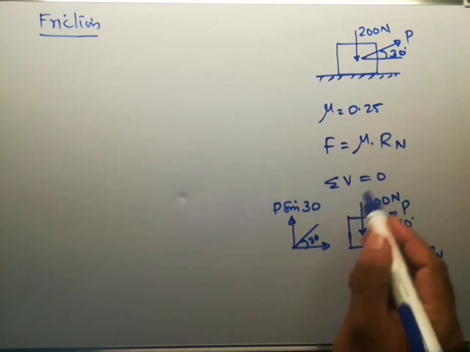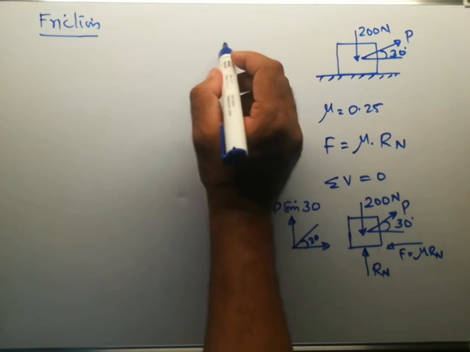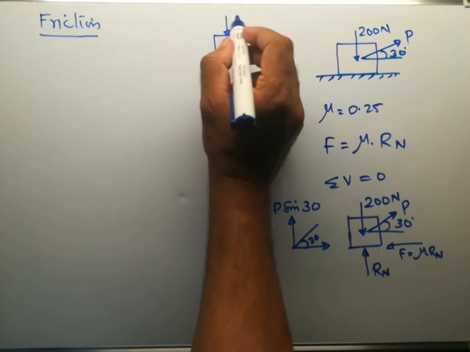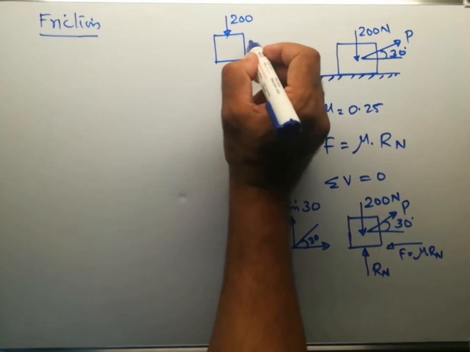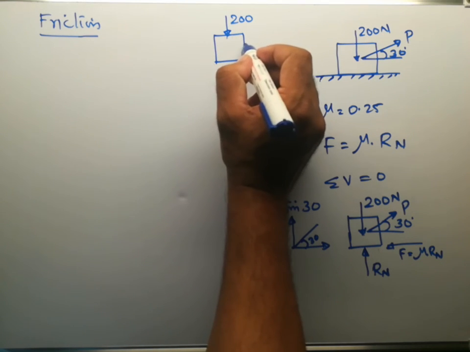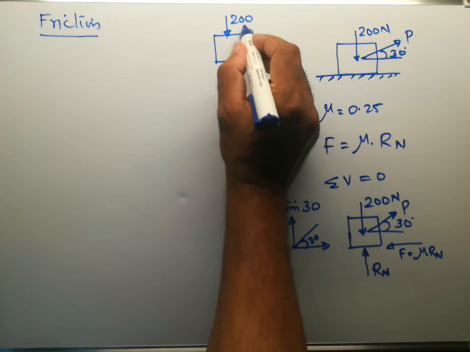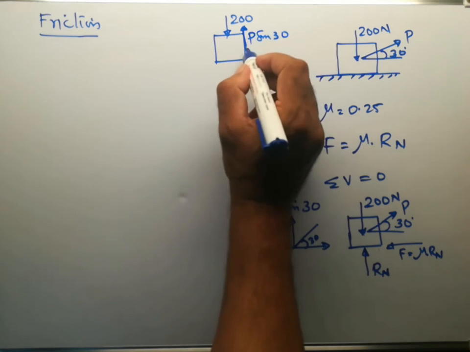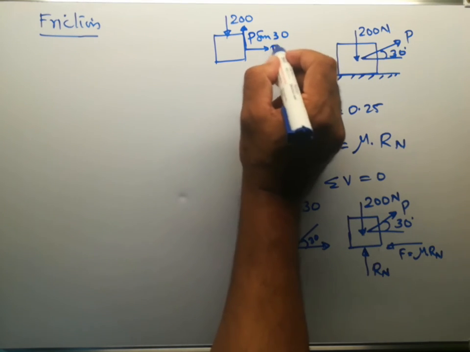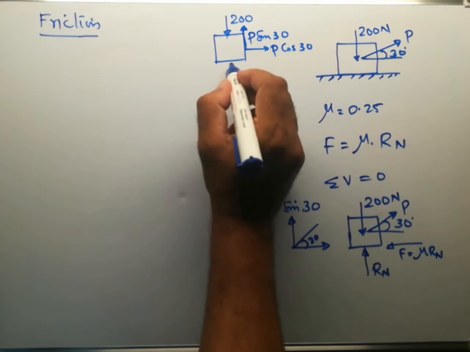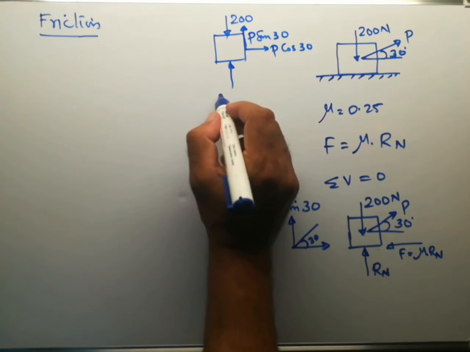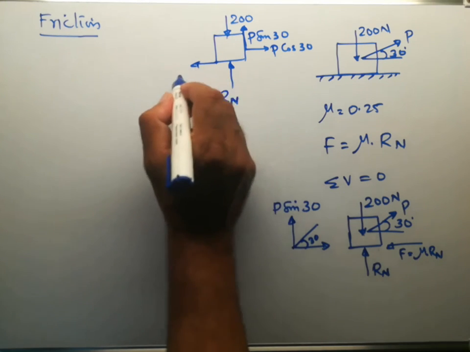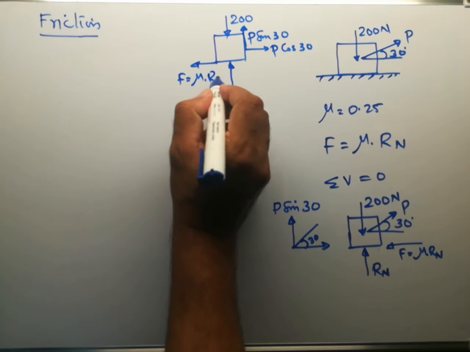So if you draw the free body diagram with the components of the forces also, it will be like this. The weight 200 at this point, this force P sin 30, P cos 30, Rn, and I'll draw the force of friction here, F equal to mu into Rn.